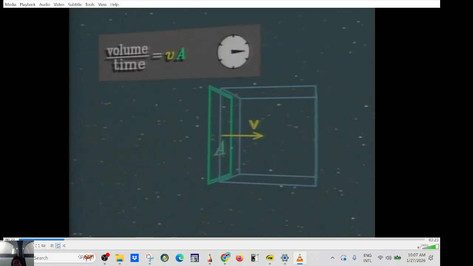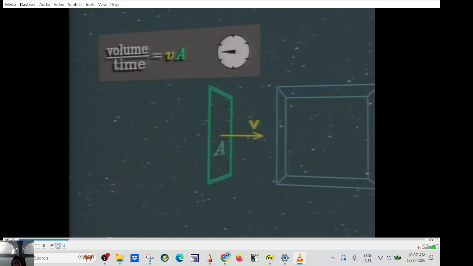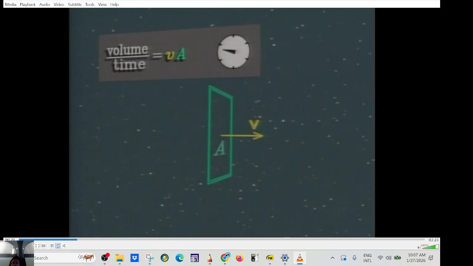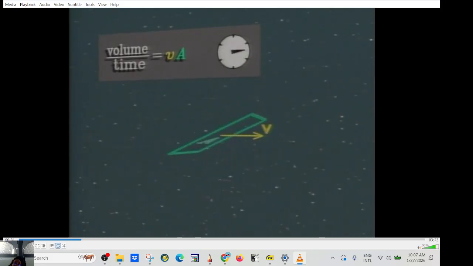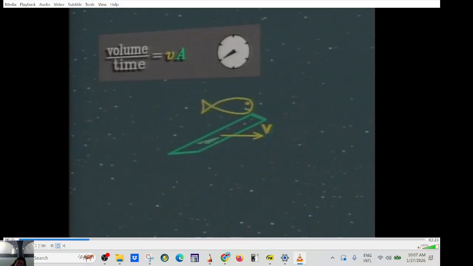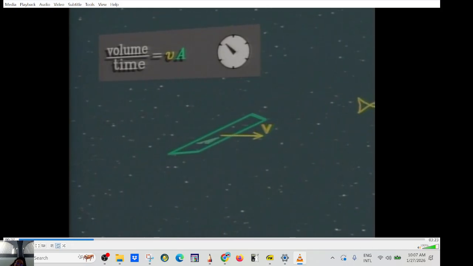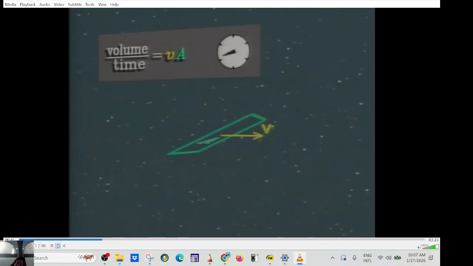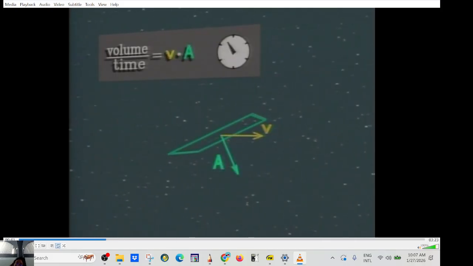So the flux or flow rate is equal to the velocity v times the area A. However, if the area element is tilted with respect to the direction of flow, less of the water passes through it. So flux depends on the angle between the field and the area element.